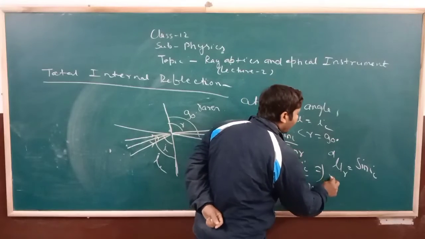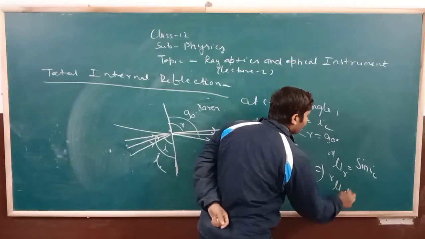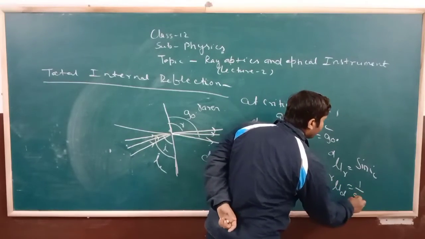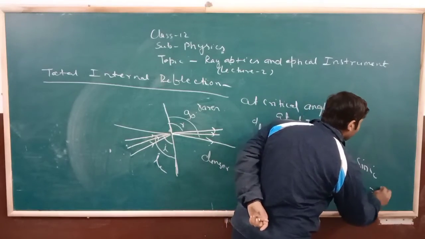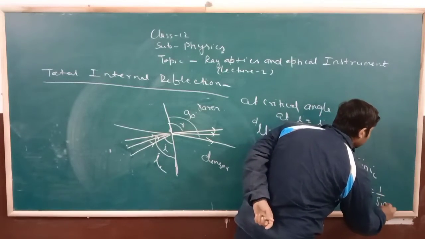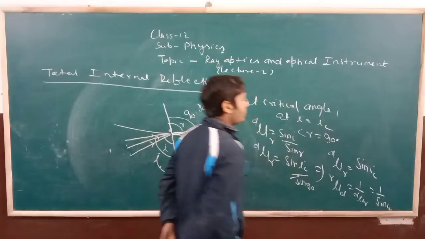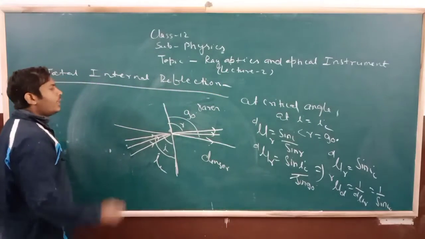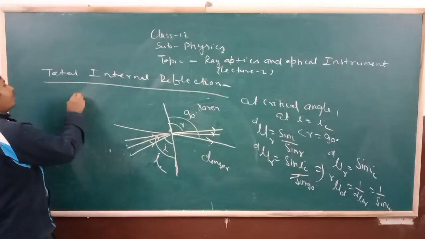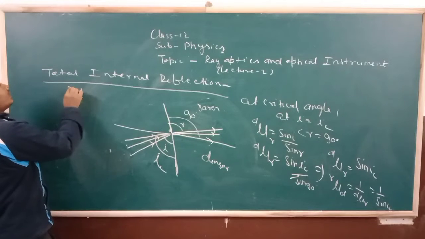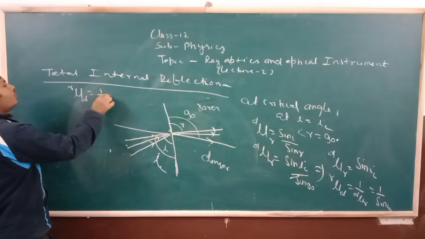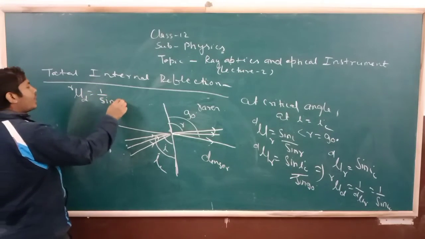But we know that R mu D will be equal to 1 upon D mu R. So this will be 1 upon sin IC. It means the refractive index R mu D is equal to 1 upon sin IC.